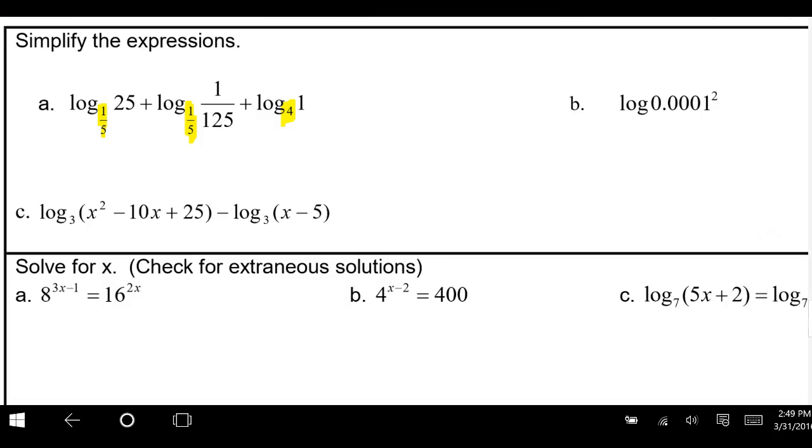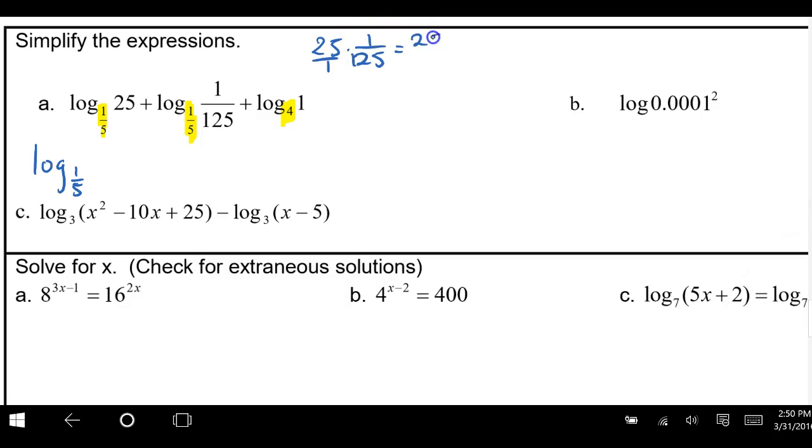So let's start on the left. So these have the same base. They're separated by a plus, so we can use our product property and multiply those arguments. Now off to the side here, I'll multiply that 25 times 1 over 125. Let's make this a fraction. And we multiply the numerators.